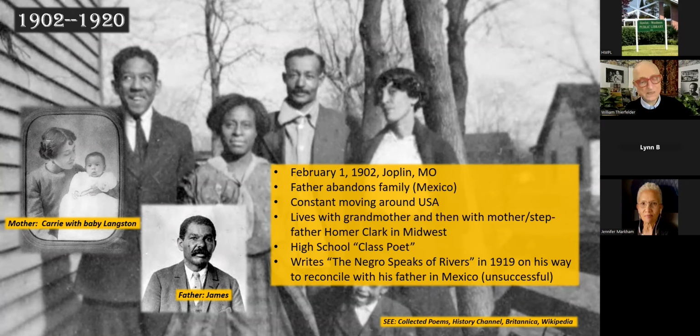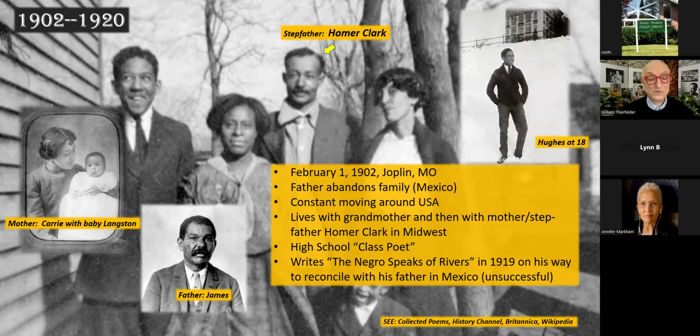As a result, much of his childhood was spent moving around America, living with various relatives, including his maternal grandmother in Kansas. Hughes finally settled down with his mother and his stepfather, Homer Clark, in Cleveland, Ohio. He went to high school there, and in his senior year was named the class poet.